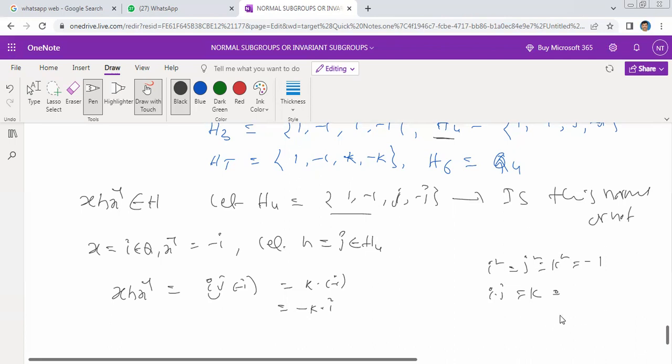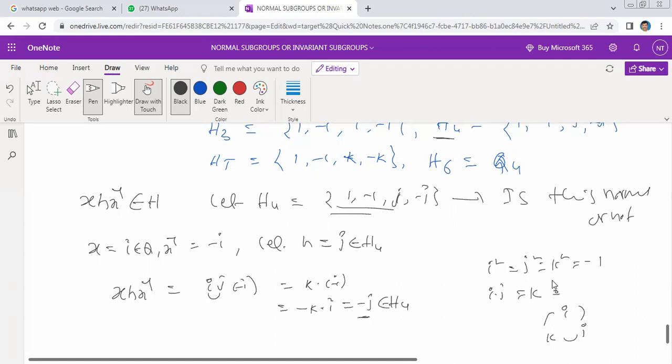Reverse. K dot I, correct? I J K same order. K dot I is J. This is minus J. Minus J is an element in H4. Yes. Belongs to H4.